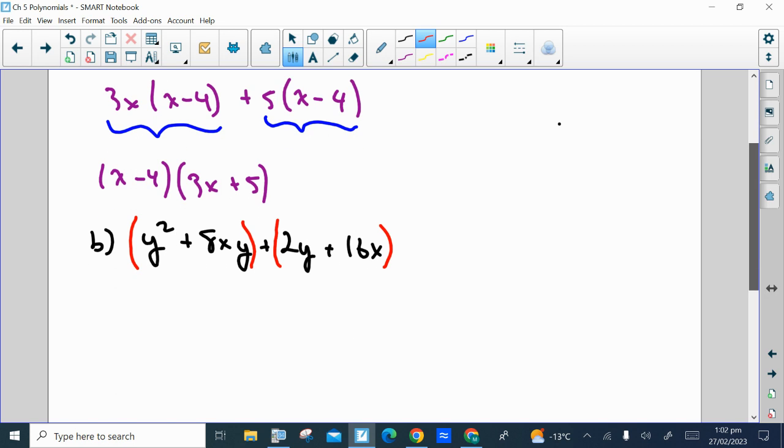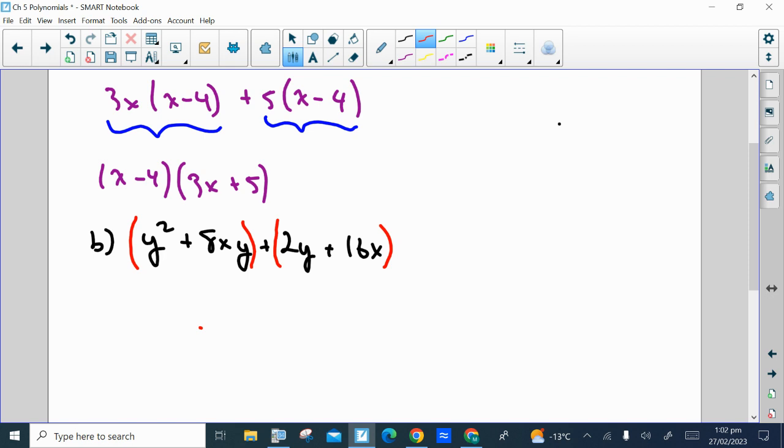Now, I will take out a common factor out of each group. In the first group, what's the common factor? What is the common factor between those first 2 terms?